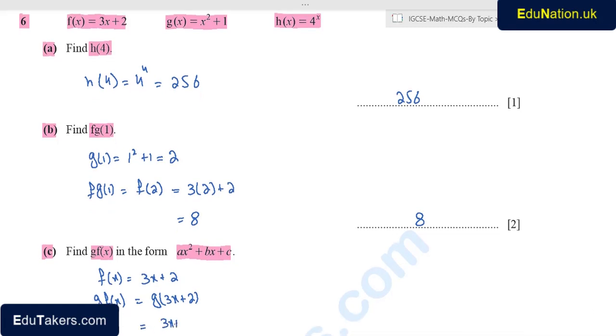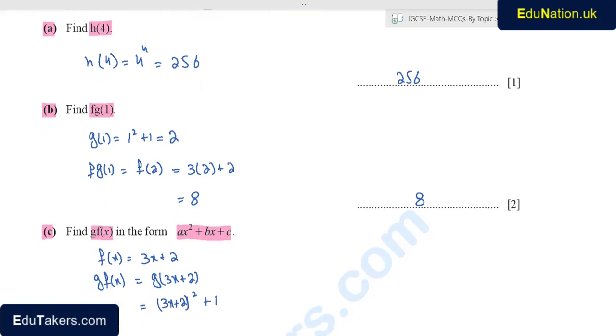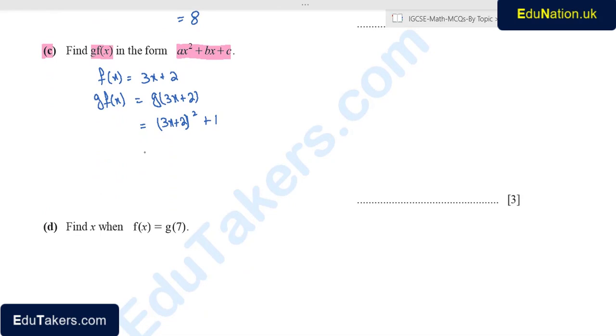So (3x plus 2) square plus 1. Now opening the square, this will be 9x square plus 4 plus 12x plus 1 equals 9x square plus 12x plus 5.